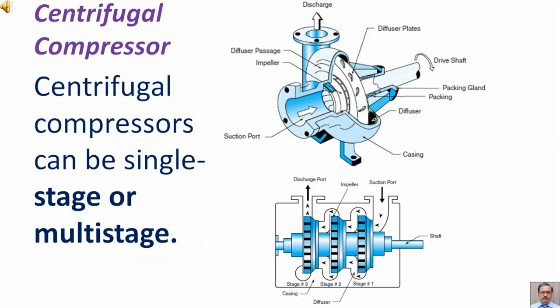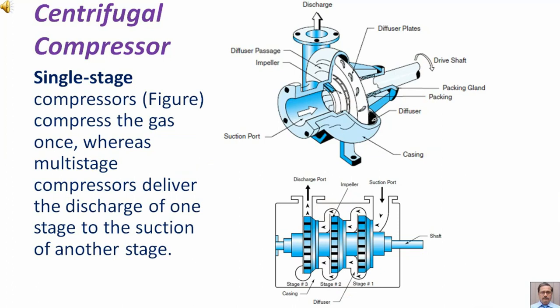Centrifugal compressors can be single stage or multi-stage. Single stage compressors, as shown in figure, compress the gas once, whereas multi-stage compressors deliver the discharge of one stage to the suction of another stage.